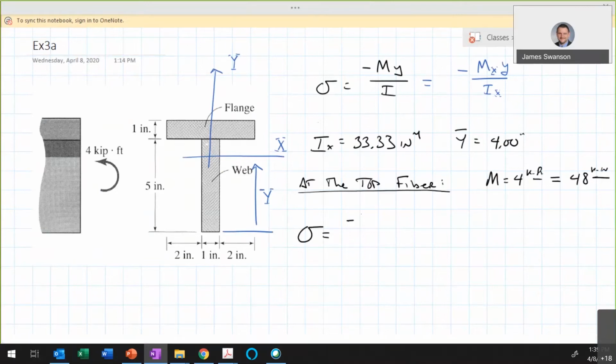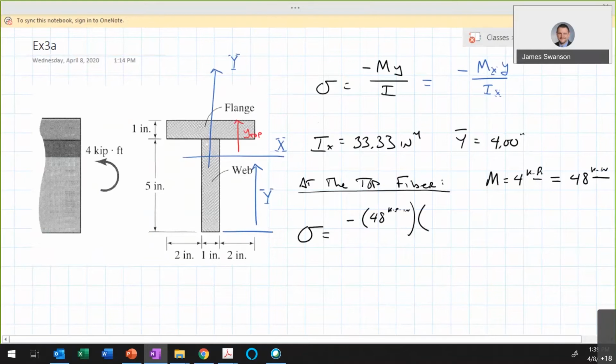I'll plug that in down here: minus M, so that's 48 kip inches. The value of y, if I'm going from here up to the top fiber, let me draw that in red, is the value of y for the top.